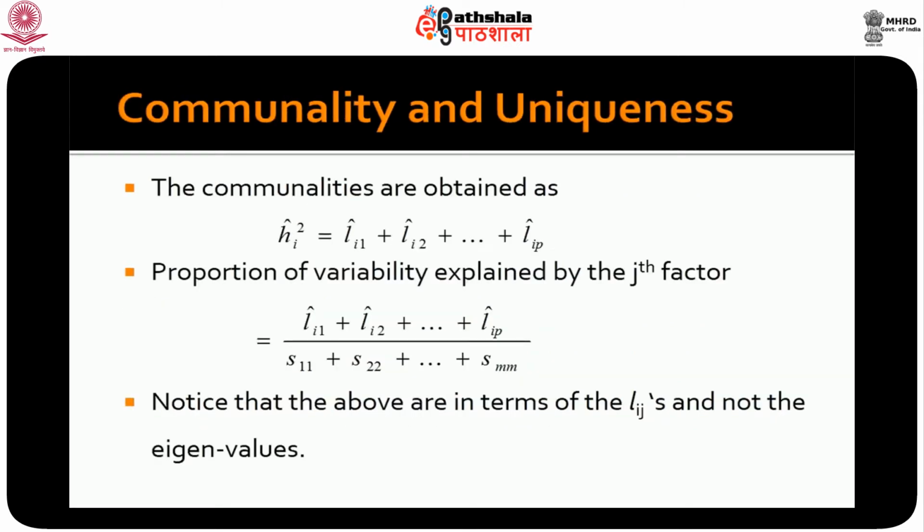Now let us look at how to estimate the communalities from this. hi hat squared would be Li1 hat square plus Li2 hat square plus Lip hat square, and therefore the proportion of the total sample variability due to the jth factor would be L1j hat square plus L2j hat square plus Lmj hat square divided by S11 plus S22 plus Smm, and this would tell us how much of the variability this component actually accounts for, and that way we can choose the number of factors.